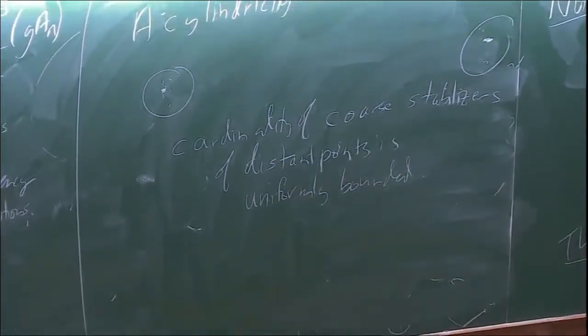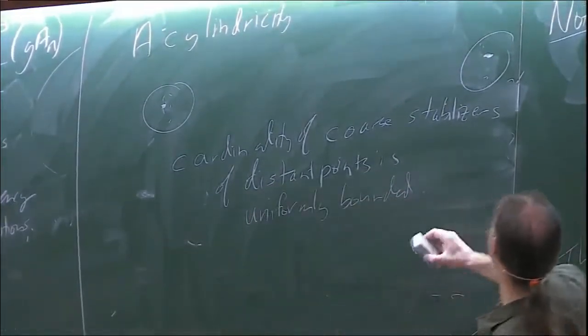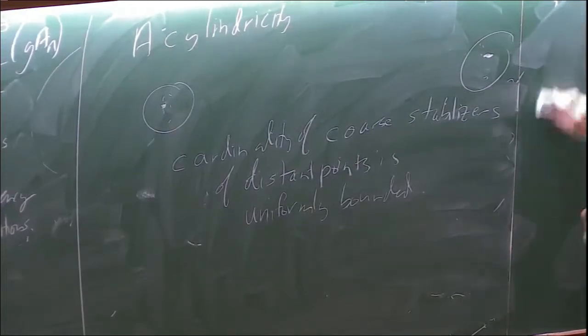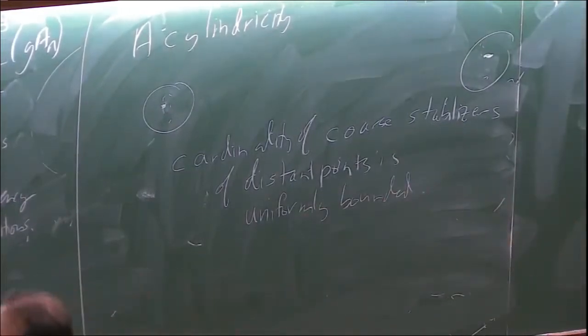Okay, so I'm going to give a pair of related theorems about CAT(0) cube complexes, or about groups acting cocompactly on CAT(0) cube complexes. I guess one thing I should say is I've been mostly talking about right-angled Artin groups, but the same thing works for CAT(0) cube complexes.